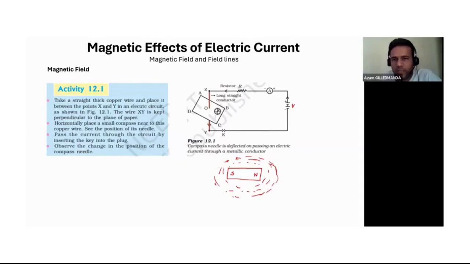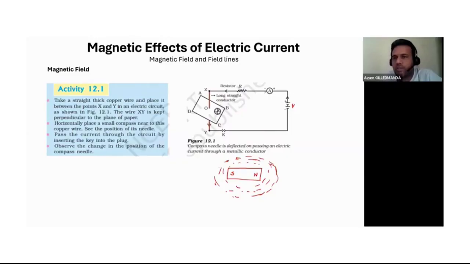Here we have connected a wire. It's a conductor, which means it can pass electric current through it, like a copper wire or silver wire, and then it is connected to a key. When the circuit is on, when the switch is on, the current will flow through this.